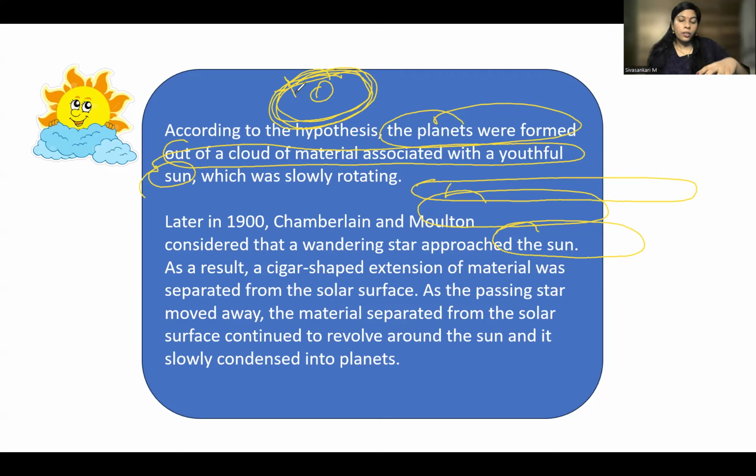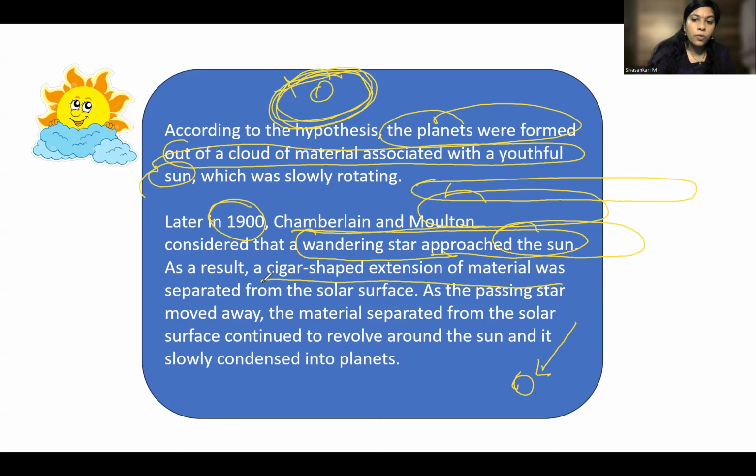Later, in 1900, Chamberlain and Moulton considered that a wandering star approached the sun. That means the sun is here and some star has come near the sun. What happened because of this? A cigar-shaped extension of material was separated from the solar surface.